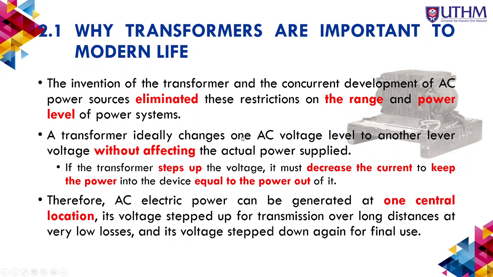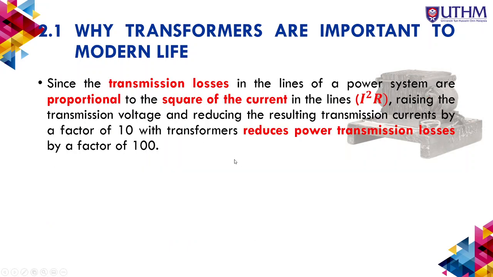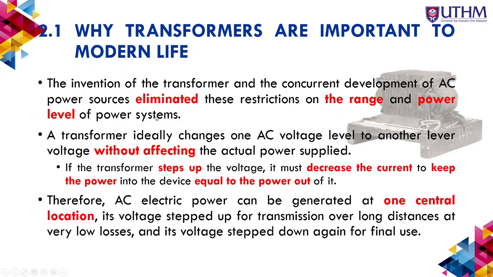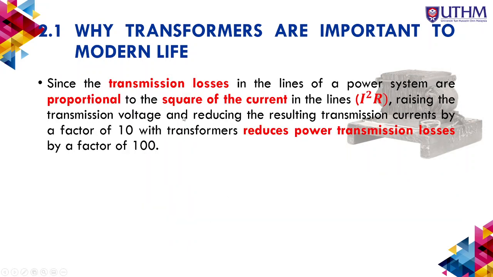And then, if I'm not mistaken, Tesla developed AC current and tried to transmit it. They could see that the transmission losses are very small compared to DC. Therefore AC is important.